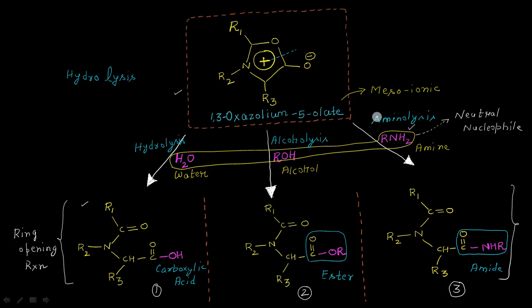Now, as far as these three nucleophiles are concerned, we do have some common names of these reactions. The first one is hydrolysis, followed by alcoholysis, and the last is the aminolysis reaction. And now let's talk about what type of mechanism is involved in all these reactions.